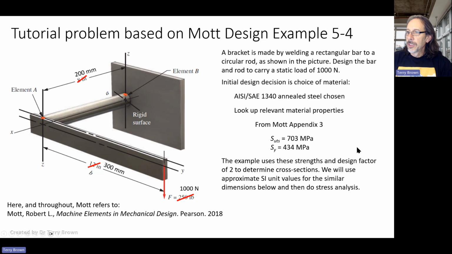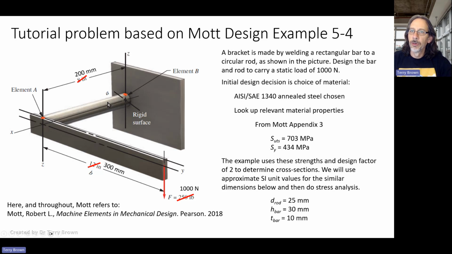So we're going to use these strengths, or the example in the textbook uses these strengths and the design factor of 2 to determine what the cross sections of these parts of the bracket should be. And I'm just going to use SI units and dimensions that are similar to what they came up with in the textbook example.